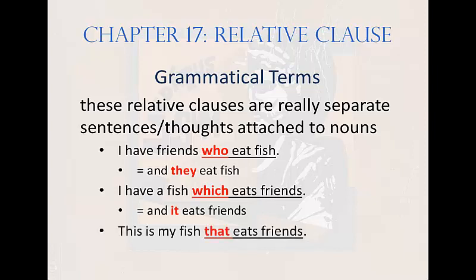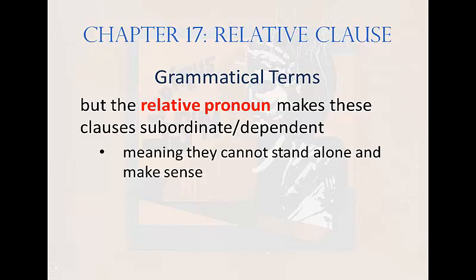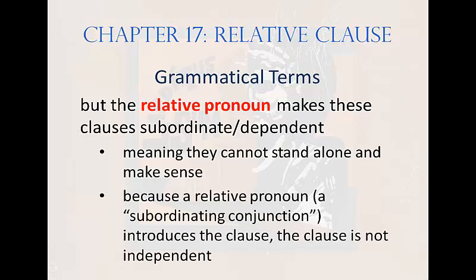And the same for that eats friends. It's equivalent to, and it eats friends. But while all these clauses have full grammar, nominative subjects, verbs, objects, and so on, none of them can stand alone grammatically and make sense because they're introduced by the relative pronoun, a subordinating conjunction that creates a non-independent clause.